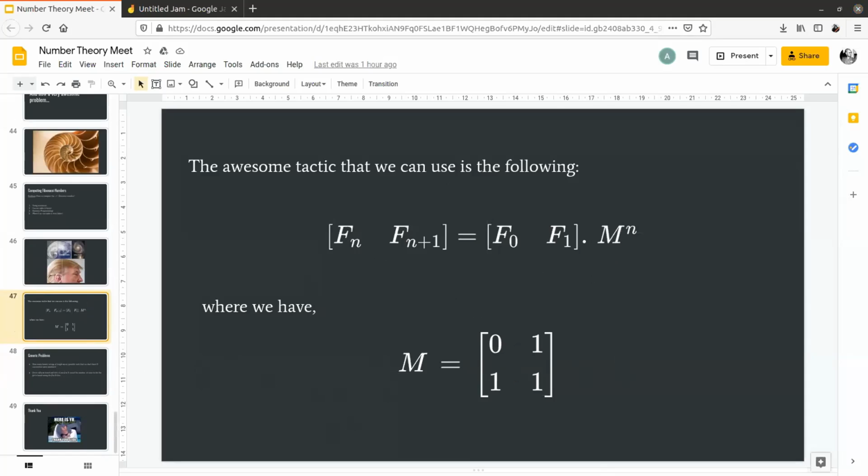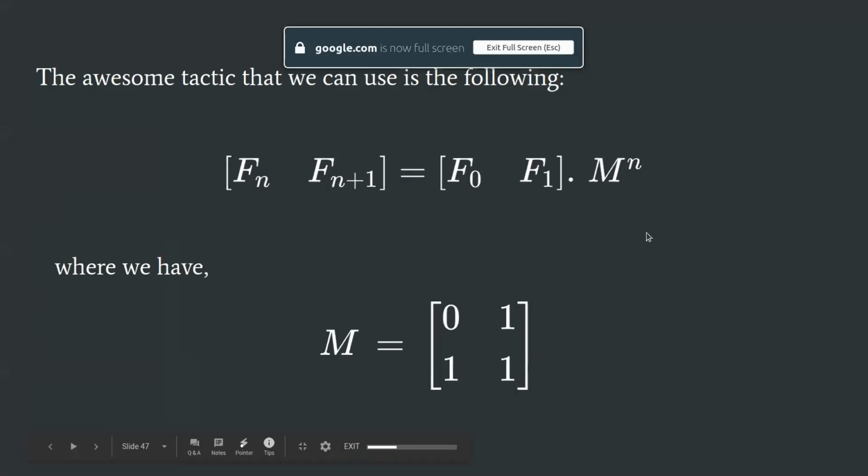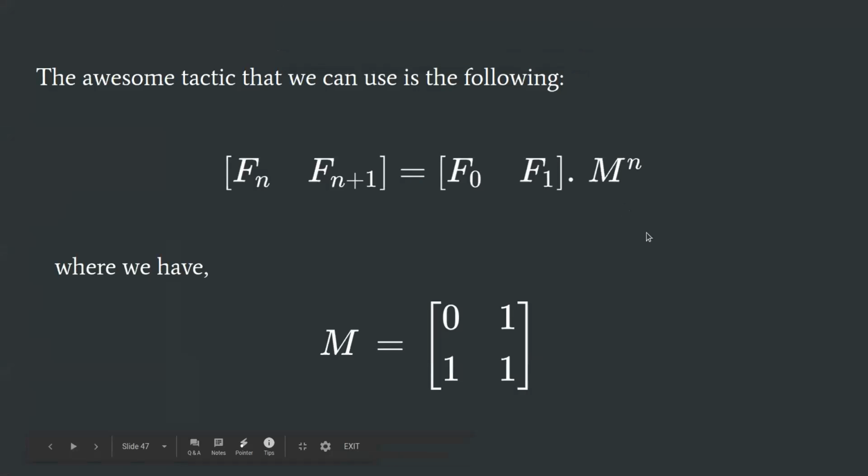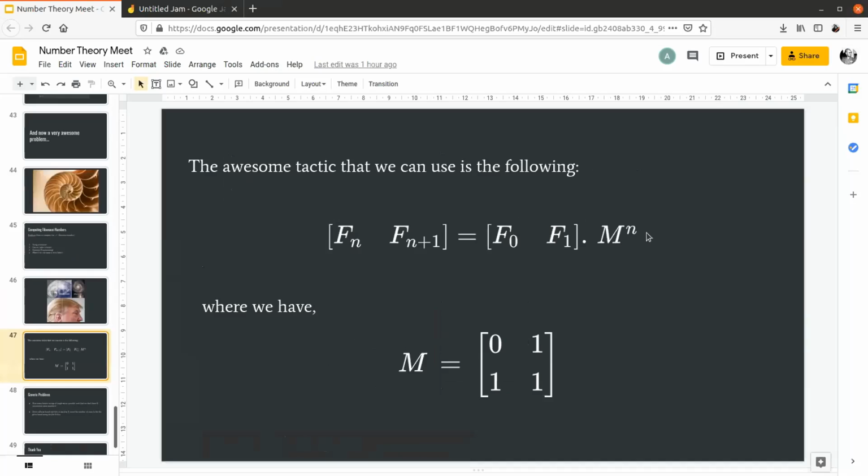Yeah. So basically the problem is we have to find m to the power n and then multiply with the base case. So m to the power n can be easily found with what we have learned, binary exponentiation. Just the star operation, this time instead of multiplying two integers, we'll multiply two matrices.